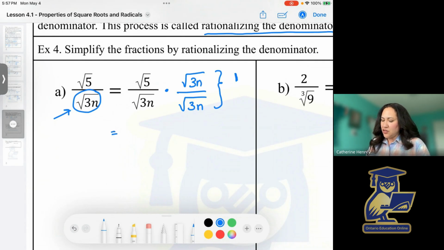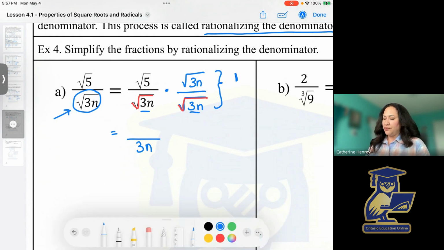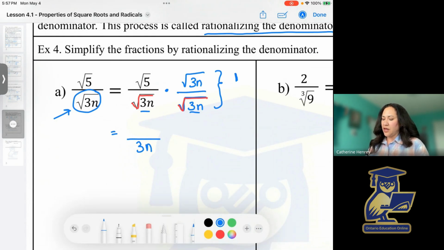But what that does do is it allows us to get rid of these two root signs, because the square root of 3n times the square root of 3n is just going to simplify to 3n. But on top, we have the square root of 5 times the square root of 3n, and we have the product property, so we can go ahead and just write that as square root of 15n.